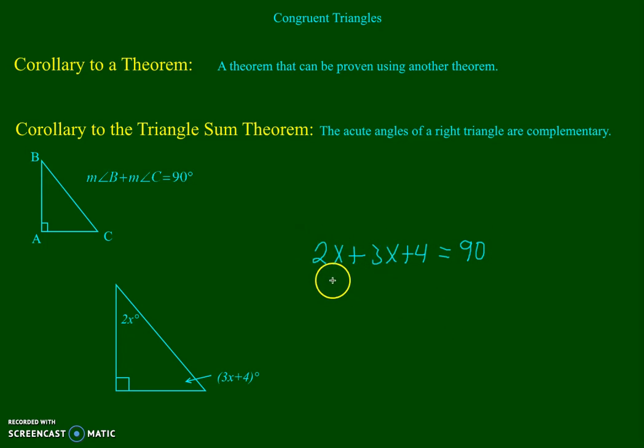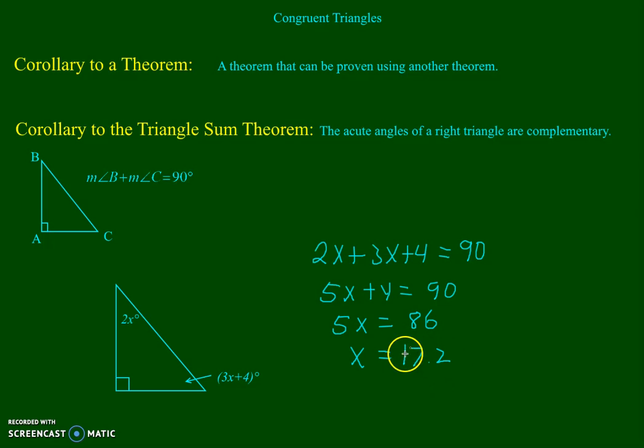So we add our like terms, 5x plus 4 equals 90 degrees. We subtract the 4, 5x equals 86, divide by 5, x equals 17.2.